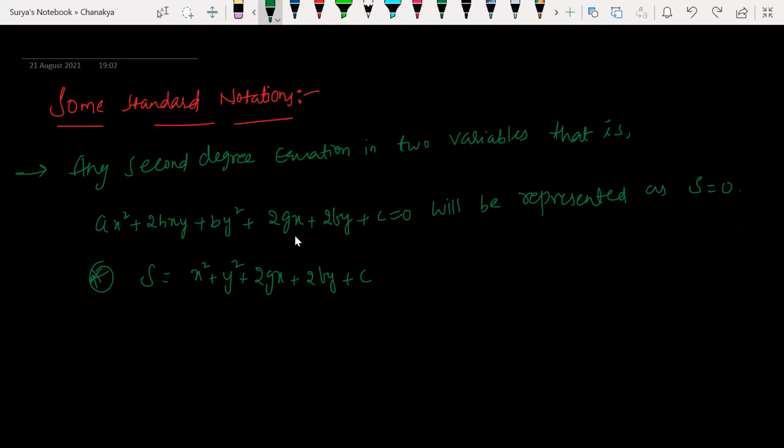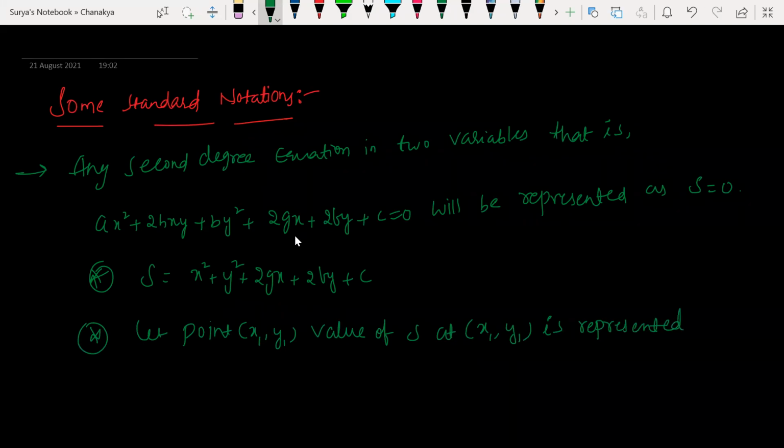So these are the few standard notations. And look at this, if I consider the point x1, y1, the value of S at x1 comma y1 is represented by S1.